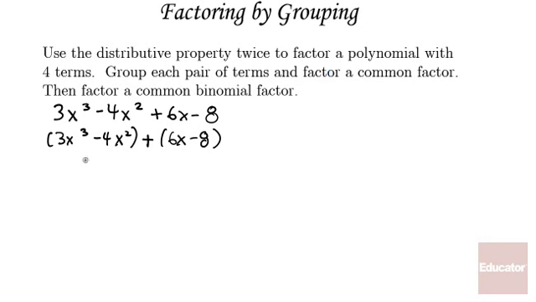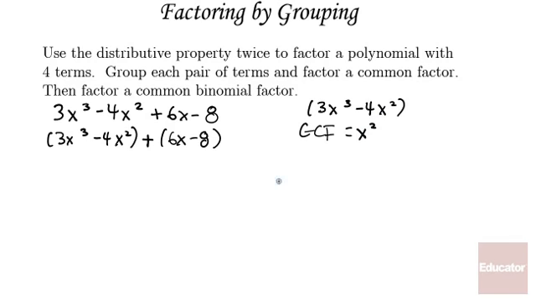So I'm going to take my first pair. My first pair is right here, 3x cubed minus 4x squared. So let's work over here and show what's happening. 3x cubed minus 4x squared. So I need to find a greatest common factor. Well, I don't have a common factor between 3 and 4, but I do have a common factor among the variables. I have x squared.